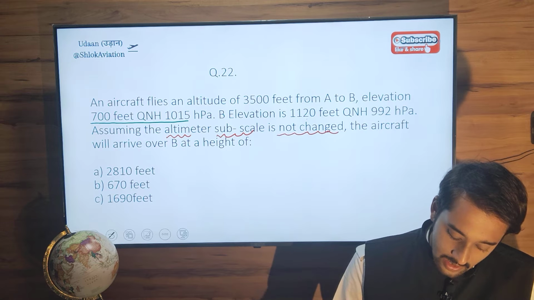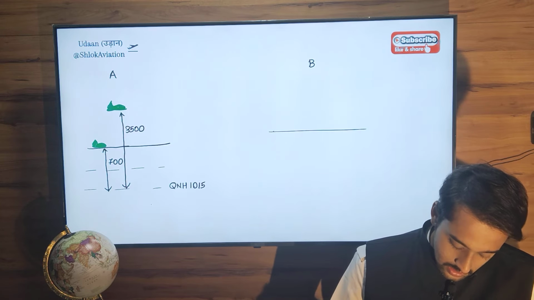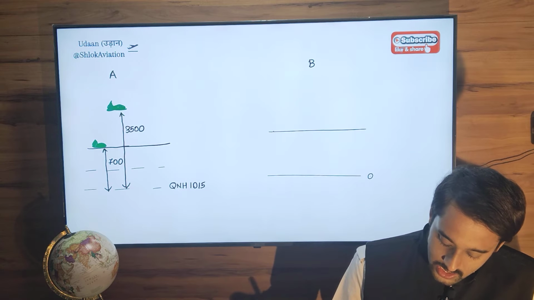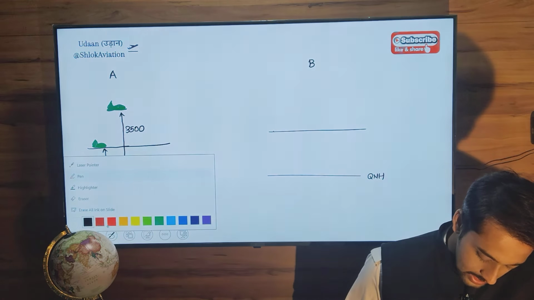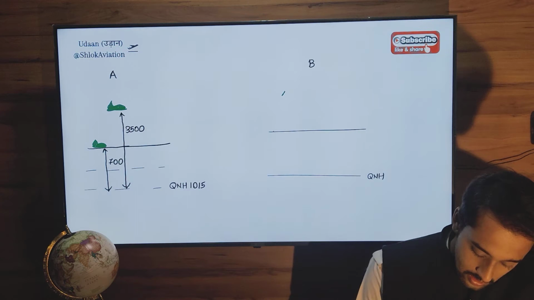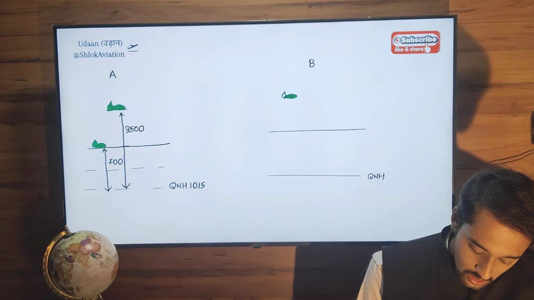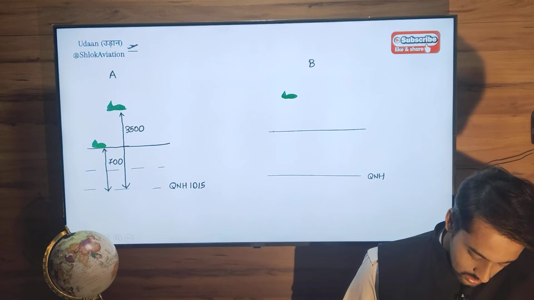the information is elevation 1120. So QNH is given. Elevation of that plane is, let's say, 1120.